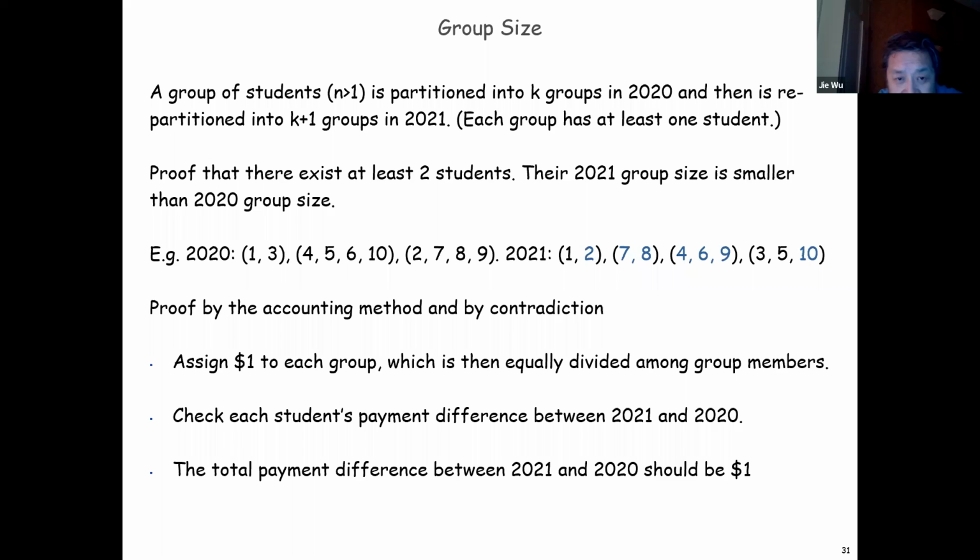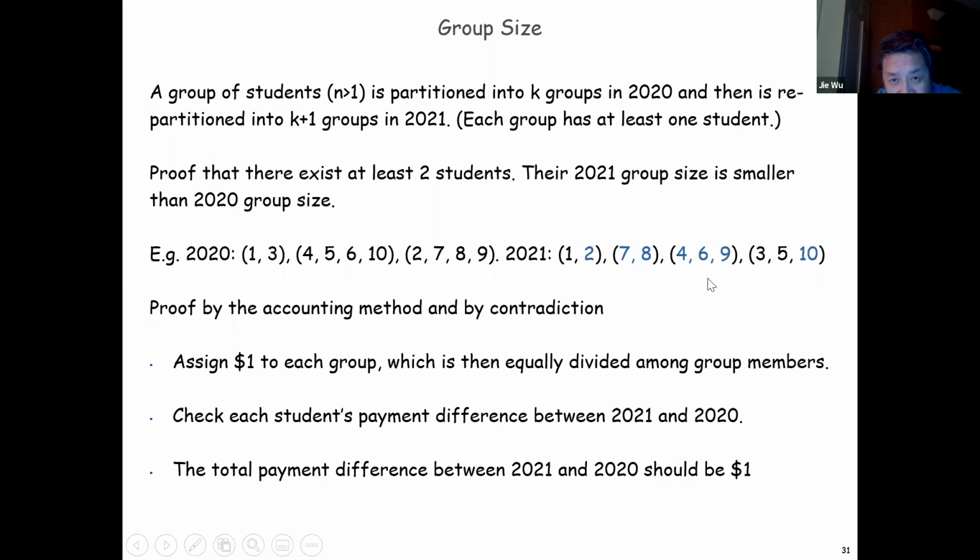When a group gets $1, it will be evenly divided among the group members. So this one will get 50 cents, 3 will get 50 cents. In this group of 4, each will get 25 cents, and so on. The same thing for the groups in 2021: you have $4, and each group divides it equally.